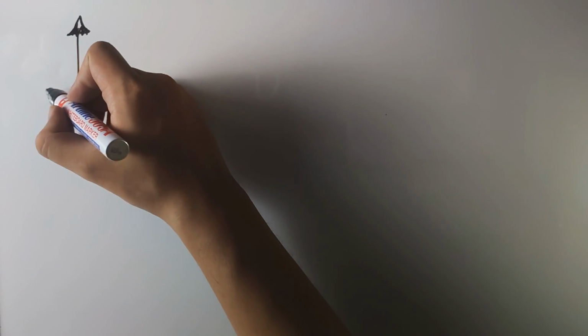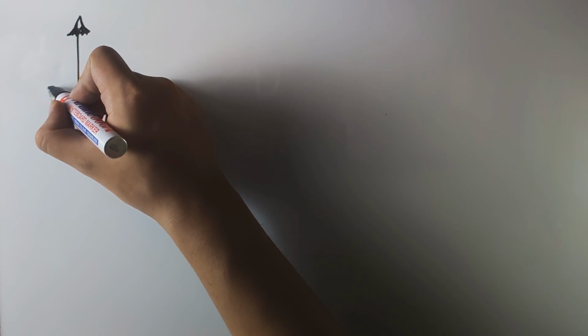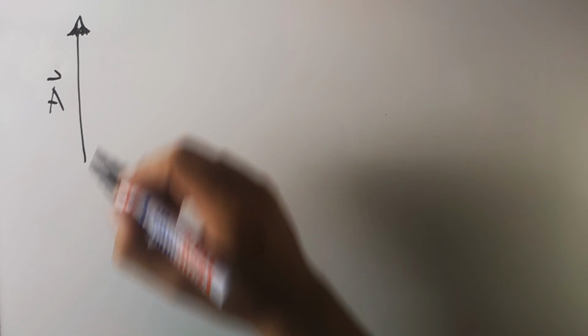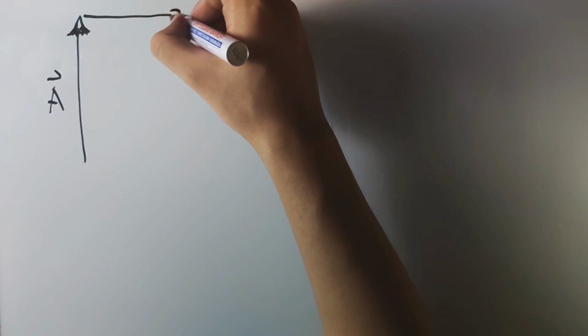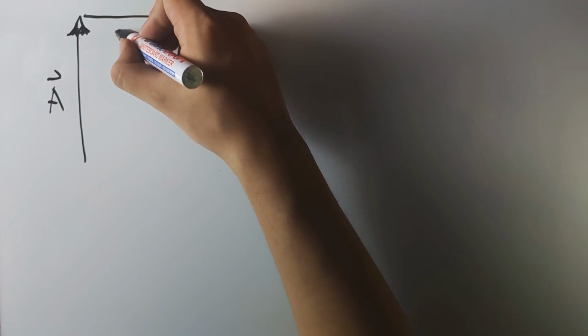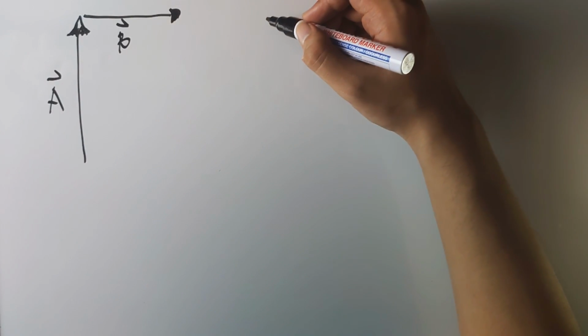Let's say this is vector A, and vector A is 12 meters. Take note of that. And then after that, she detoured going to the east. Let's say that would be our vector B, which is 5 meters.